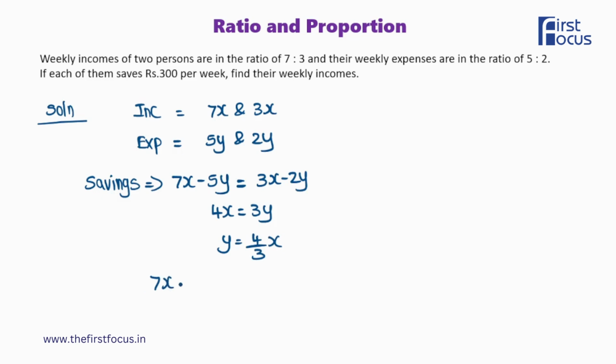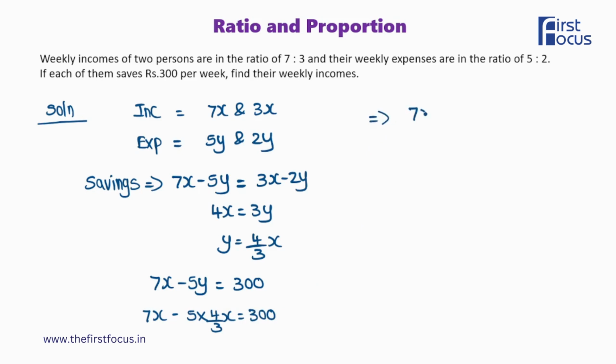They have given the savings of each person is 300. So we are equating 7x minus 5y is equal to 300. We have to substitute the value of y here. 7x minus 5 into 4 by 3x is equal to 300.